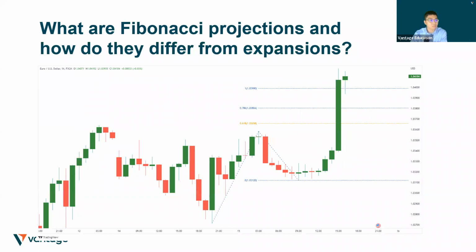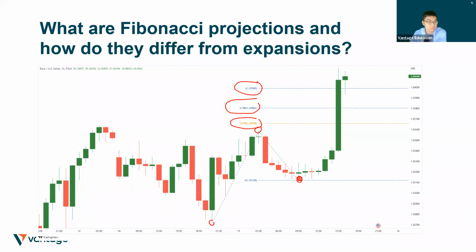Moving on to what Fibonacci projections are and how they differ from expansions. Instead of drawing from the previous swing low to the next swing high, we have one more point added. For Fibonacci projection, we draw it all the way down to the next low area. Projection is for a potential reversal area, an area where price might potentially reverse.